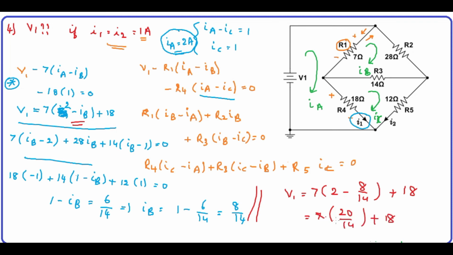So this is 2 times, this is 10 times, is equal to 28. You can see the same answer as with the previous type of solution. So the same answer has to come. That's the solution.